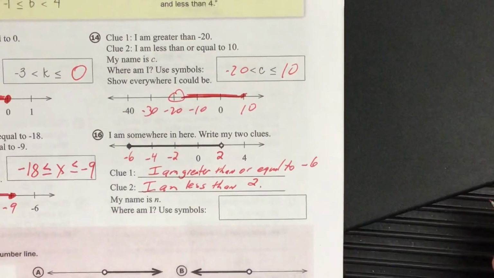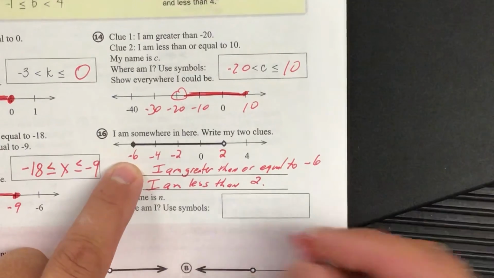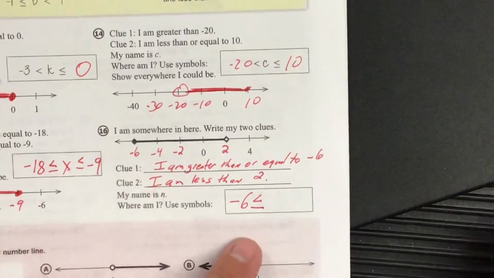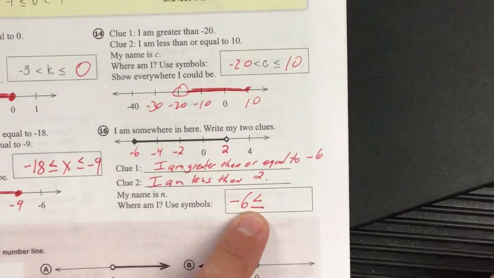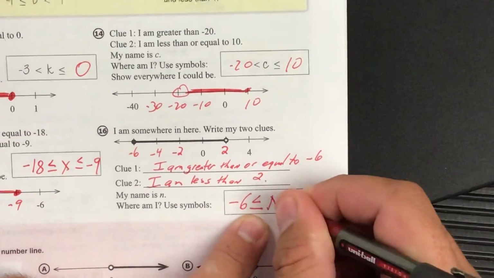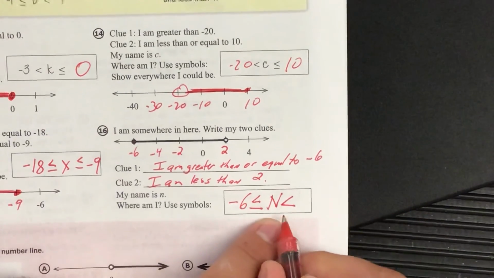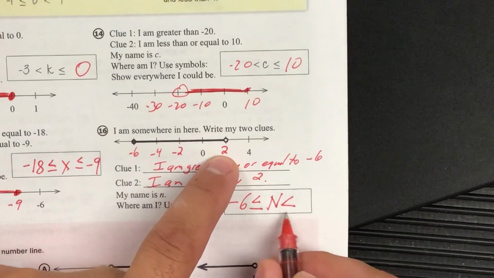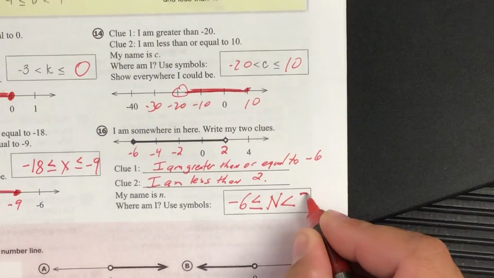So what's my smallest number? That would be -6. And it's equal to, that's why I got the line there. What letter does it say to use? N. Do I need to put a line underneath this one? No, it's open circle. What number goes here? 2.